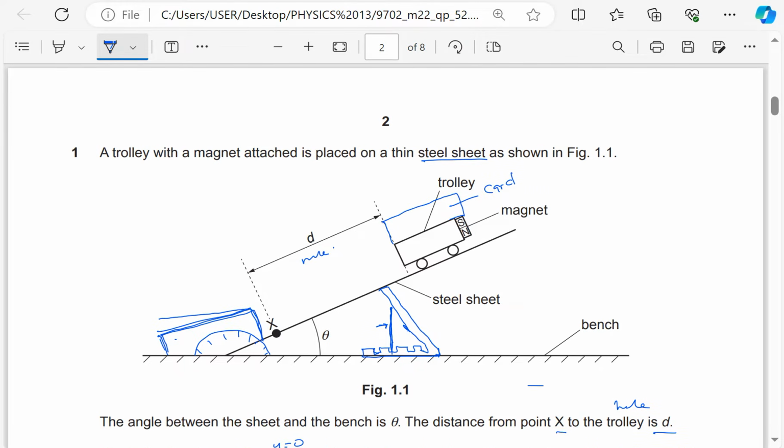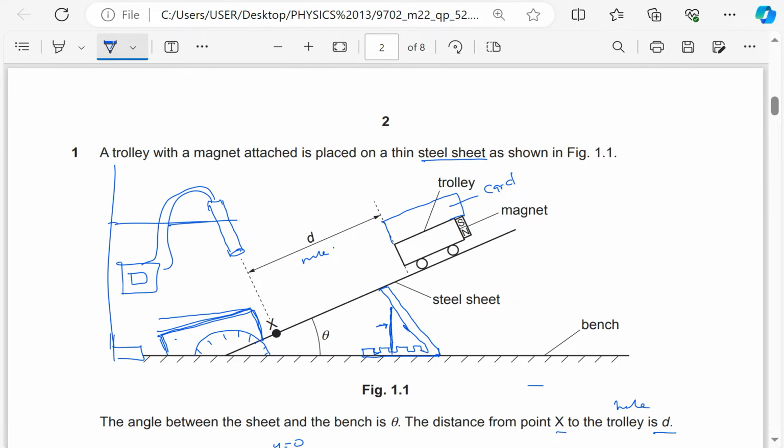So I need to put a light gate here, so I will have to clamp the light gate. This is just a skeleton of what I'm going to write. So I have to clamp a light gate, and of course it must be connected to a timer. So I will need a timer somewhere.